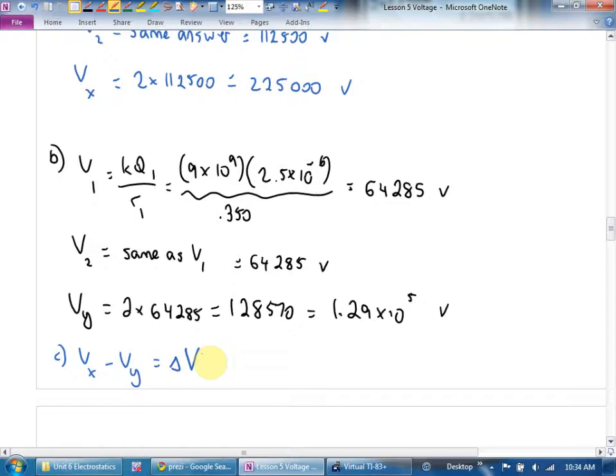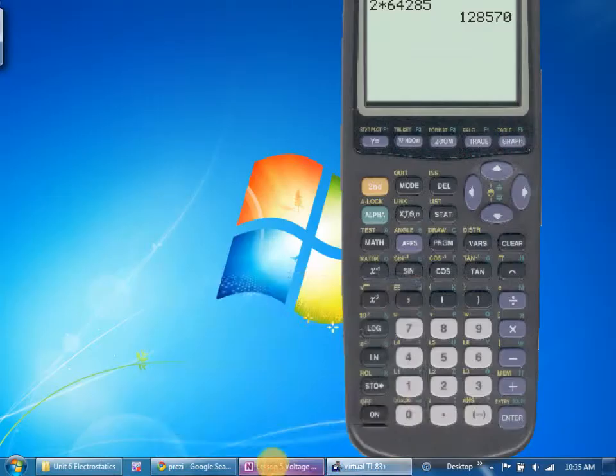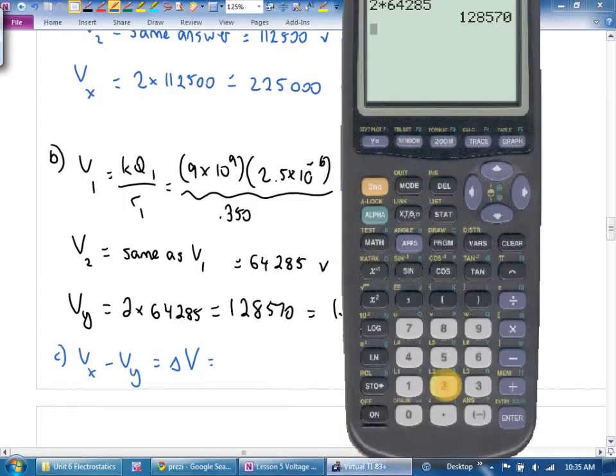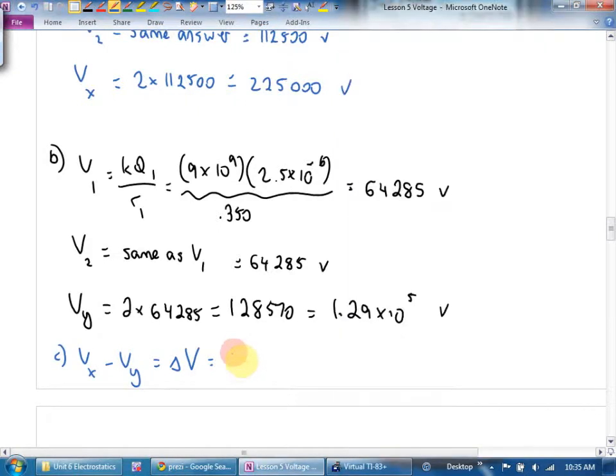Where are we moving from? Y, final. Sorry, final is X, initial is Y. So there's final minus initial. So we're going to go 225,000 minus answer. And I get a potential difference of 96,430 volts.